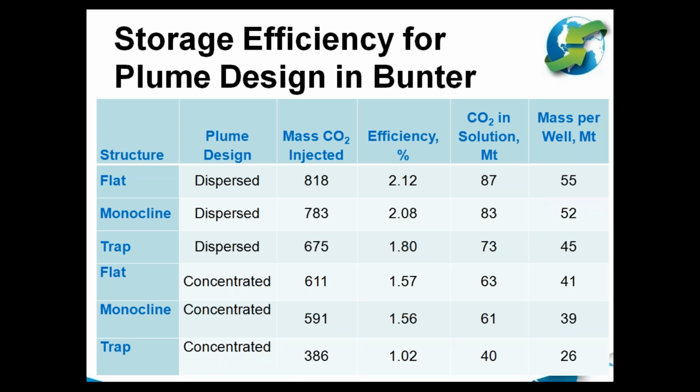Of course, there could be cost and economic implications of that, because this is an offshore site where the likelihood is wells will be drilled from platforms, and although deviated, the distribution is restricted a little bit by technology.